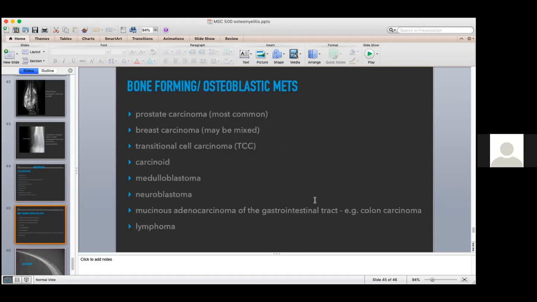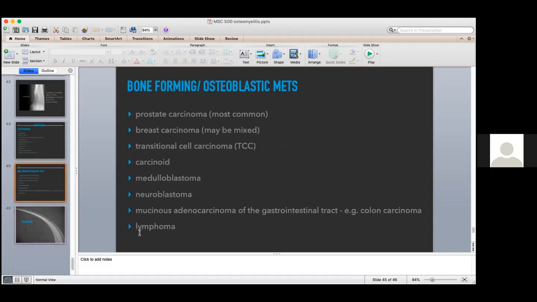Then osteoblastic, the commonest we see in our setup is prostate carcinoma. It will give you bone forming, or what we call bone sclerosis or osteoblastic metastasis. Breast carcinoma has a mixed picture, both sclerosis and lytic lesions. The question I hear commonly is, does lymphoma give us bone metastasis? The answer is yes. And when it does, it will give you bone sclerosis.